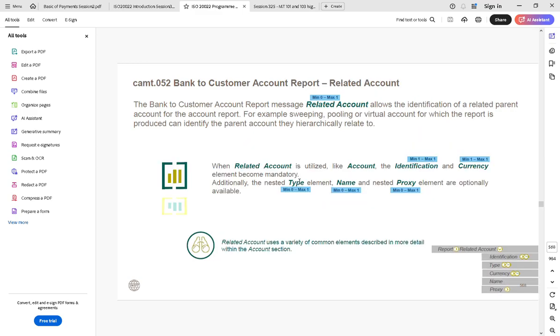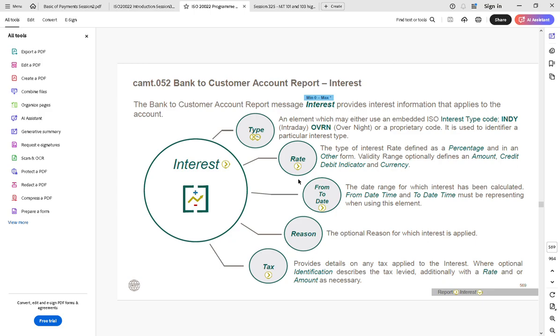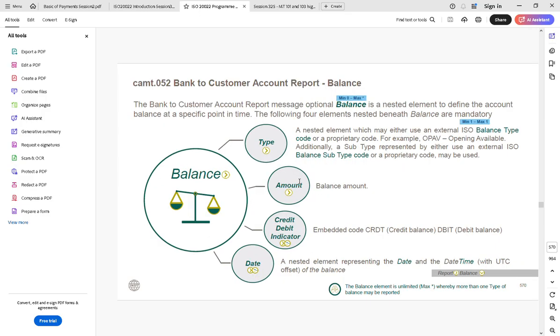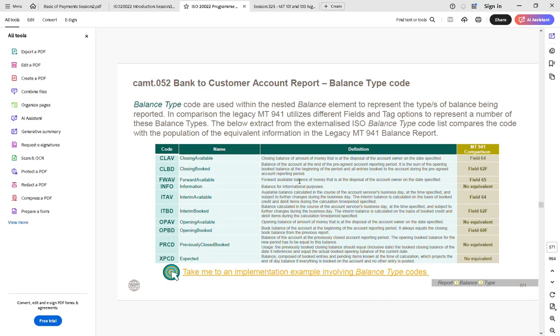I'm not taking too much time to explain this, because these things are very hard to understand, like the pacs message. But at least you know the group header and report, and that copy duplicate indicator, date and time. If you are able to explain these fields, well and good. There is also the overnight concept here, balances and balance type, so which balance is there, that also if you remember, fine.